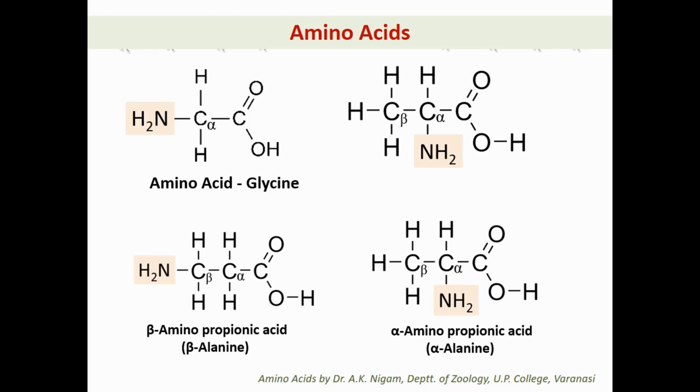In proteins, in general, only alpha amino acids are found, and that's why they are also called standard or proteinogenic amino acids. Apart from alpha amino acids, other amino acids may be found in biological systems with significant physiological functions but cannot take part in protein biosynthesis because their codons are not present in genes.